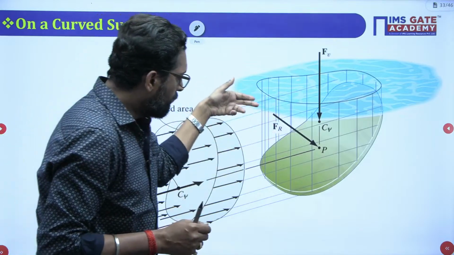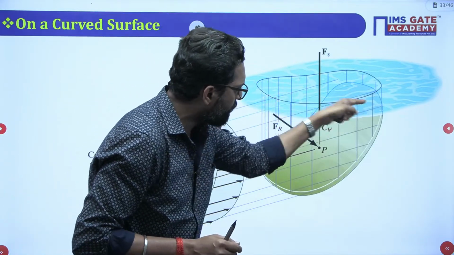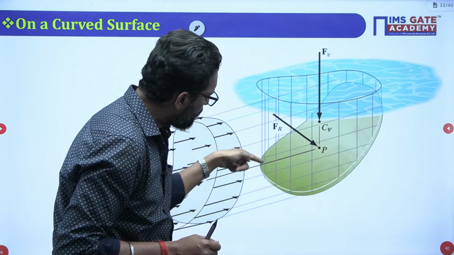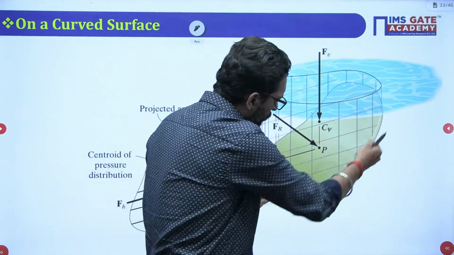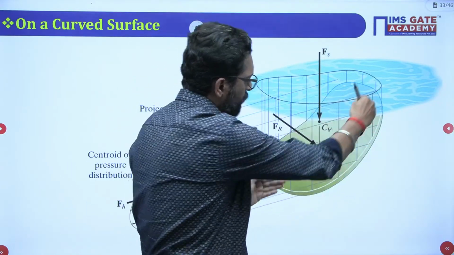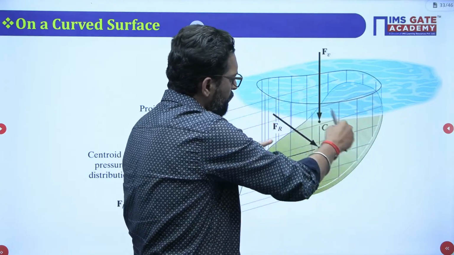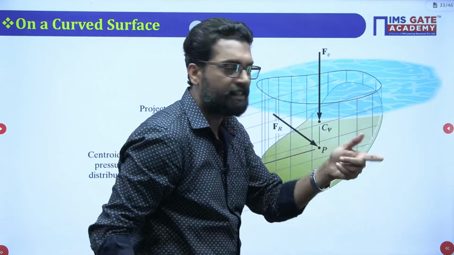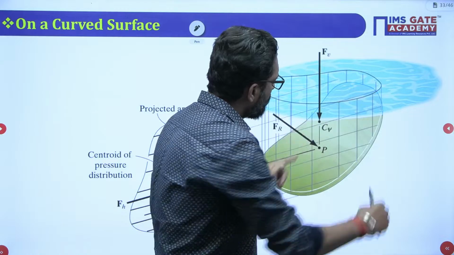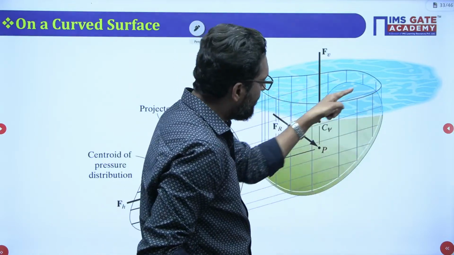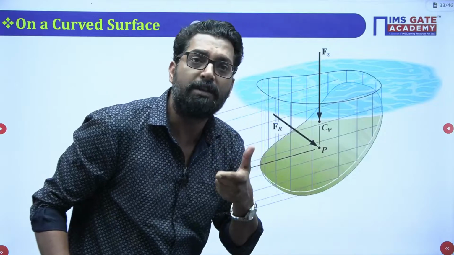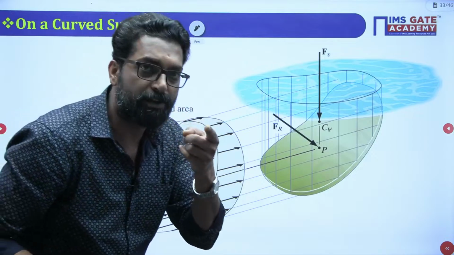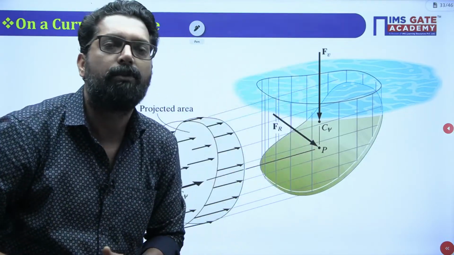Because at each and every point the hydrostatic force will exert, and due to the curvature of the surface, each and every point of the pressure force is concurrent at a point, so the direction of the forces will change. But on a flat surface, the direction of the forces does not change, because all are parallel forces.